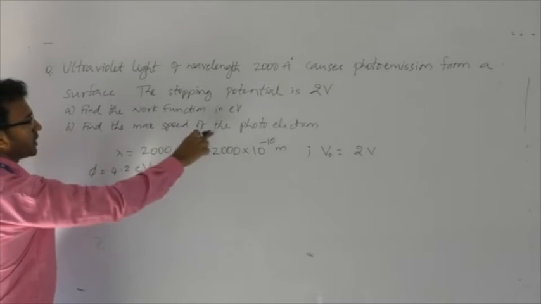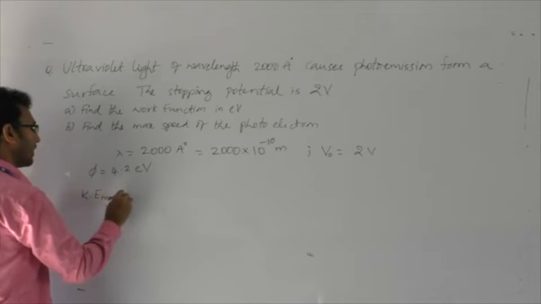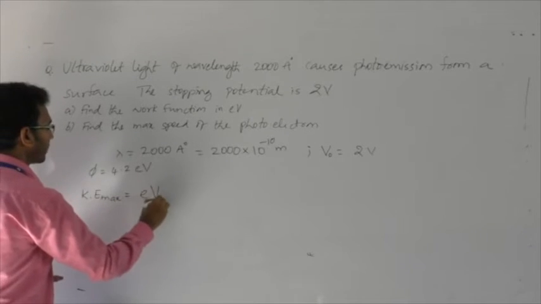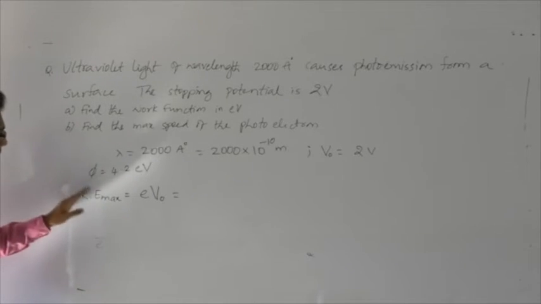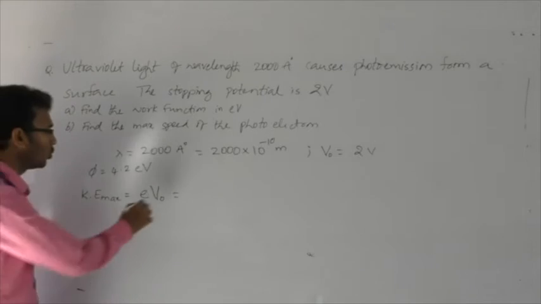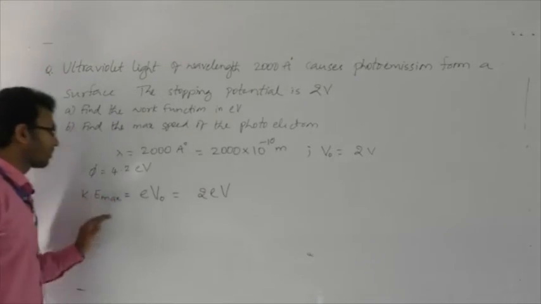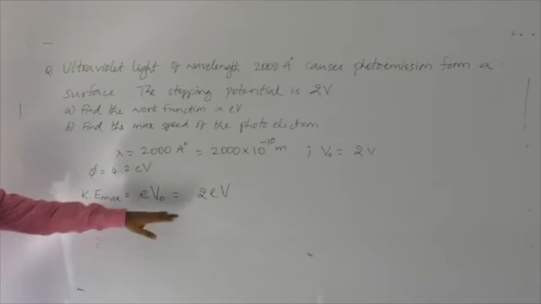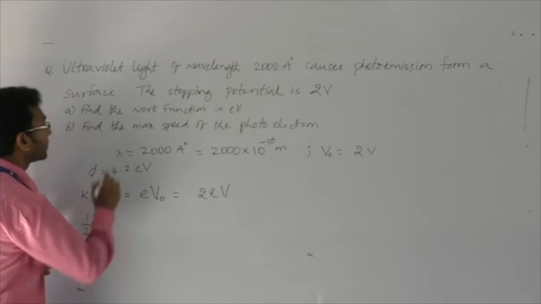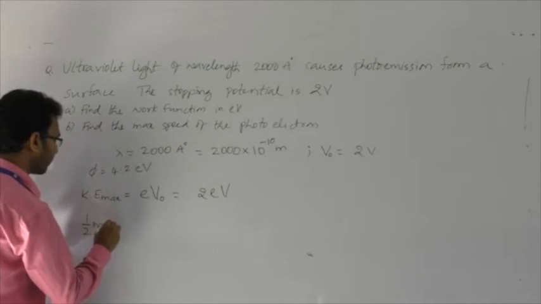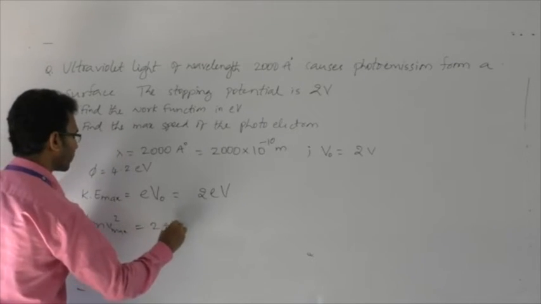Now for finding the maximum speed of the photoelectron, what is the KE max? KE max is eV naught. We actually don't require the work function here. So eV naught, V naught is 2, so KE max is 2 electron volts. Then we have to find the speed: half m v max squared is 2 electron volts.